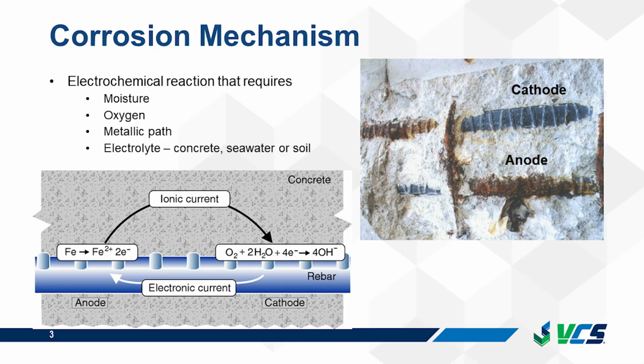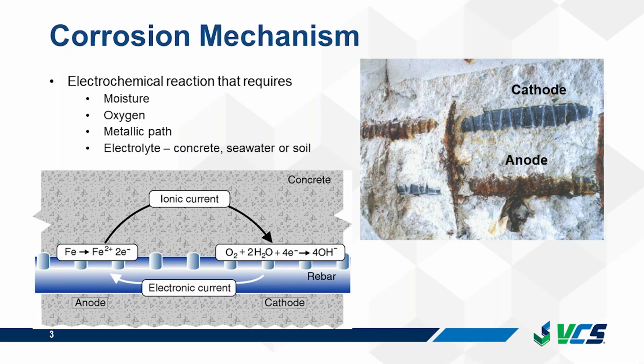So I'm sure everybody is familiar with corrosion and the effects of corrosion on reinforced concrete structures. To have a corrosion reaction, you have to have four different components. You need moisture, oxygen, a metallic path, and that's reinforcement, and an electrolyte. So in concrete, the electrolyte is the concrete pore solution.